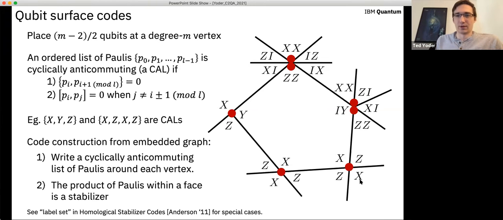So for instance, in the example on the right here, the stabilizer corresponding to the face is poly Y applied to the qubit on the left, poly X applied to the qubits on the bottom, IY applied to the 2 qubits at the degree 5 vertex, and ZZ applied to the 2 qubits at the degree 6 vertex. And this is similar to this label set in this paper by Jonas Anderson, but I think he just considers degree 3 and 4 vertices.